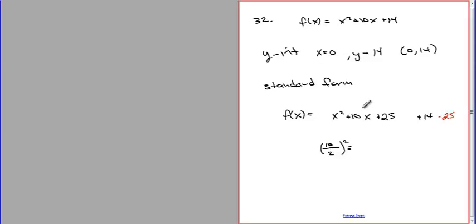Then we make this into a complete square. So you get x plus, take this number, 10 divided by 2, which is 5. Whole thing squared. And 14 minus 25 is negative 11. So that's the standard form. So we know the vertex is going to be at x equals negative 5, y equals negative 11.